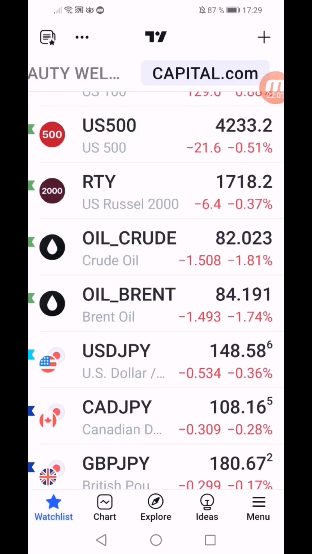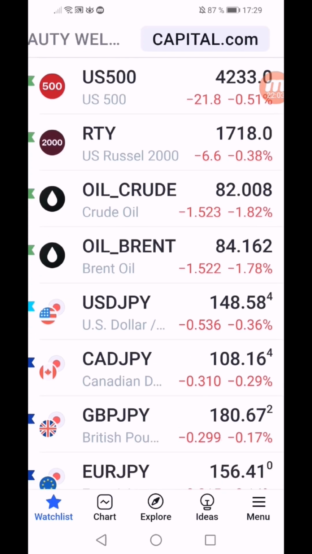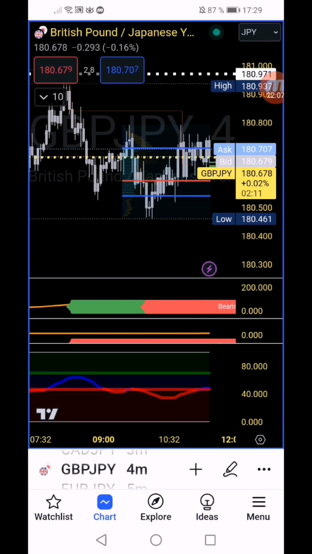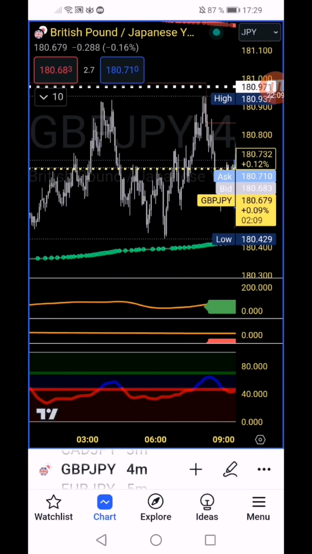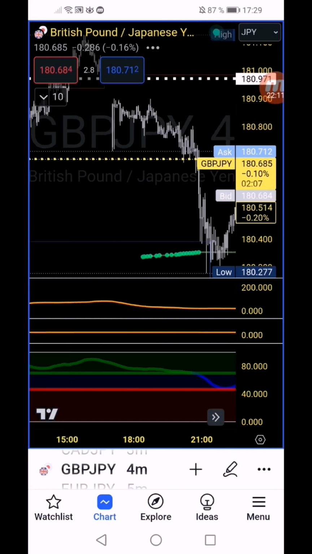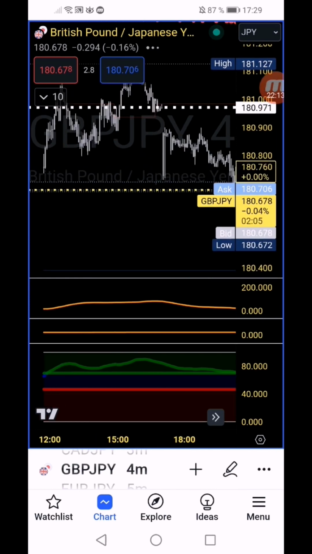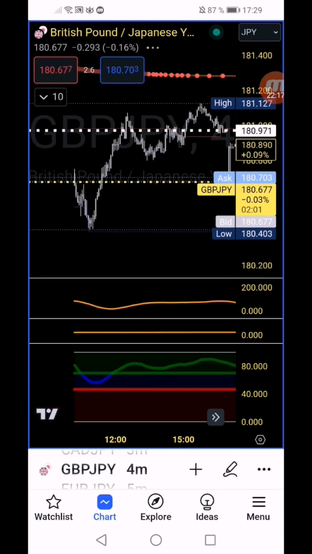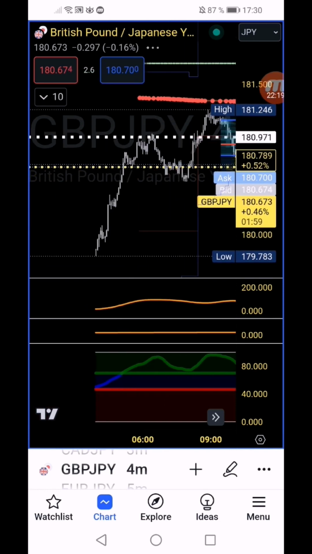So I tell you now an example, another example. So we see here in Japanese yen. This is the market of yesterday.